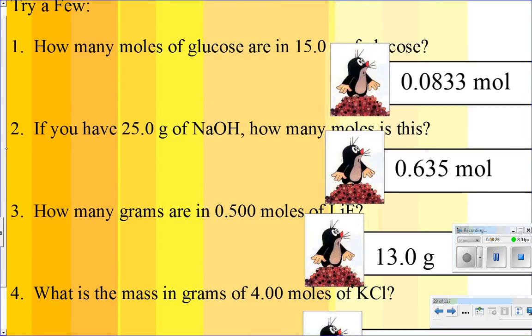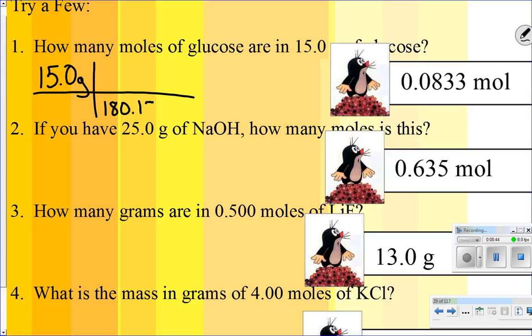In question number 1, our starting amount is our 15.0 grams of glucose. So that's going to dictate that we're going to have 3 sig figs. When I plug in my grams per mole of glucose, I want grams on the bottom, so I'm going to do 180.158 grams over 1 mole.